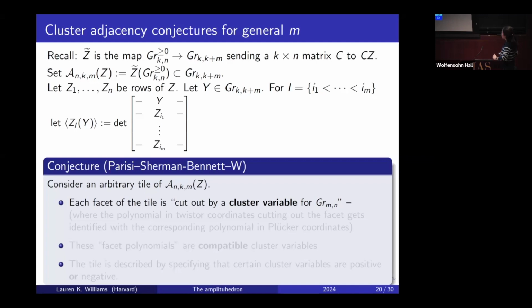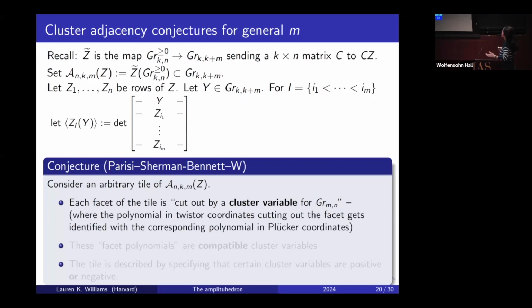What we're saying here is that if you take a facet of the tile, this is going to be cut out by a polynomial in Twistor coordinates. But if you take every Twistor coordinate, which remember was indexed by an m-element subset of 1 through n, and replace that Twistor coordinate by the Plücker coordinate, then the statement is that that polynomial in Plücker coordinates is a cluster variable for the Grassmannian. Okay, is it clear what I mean here?